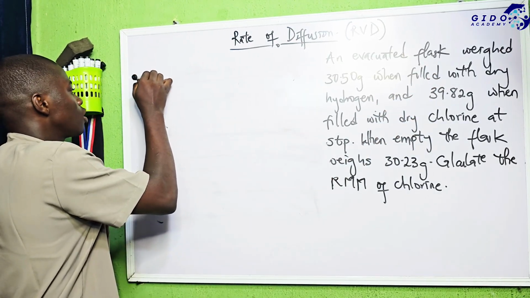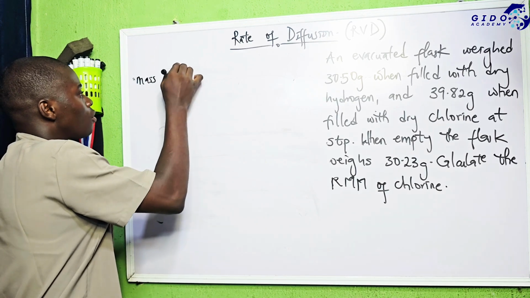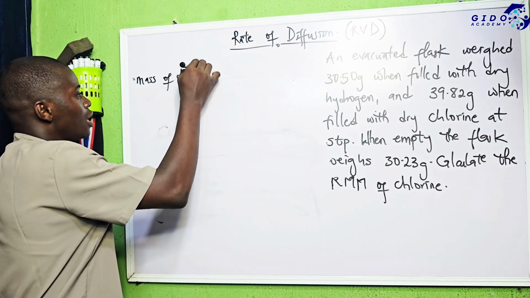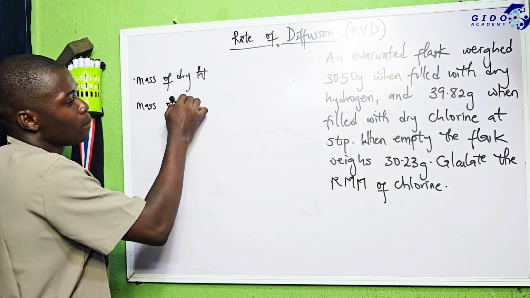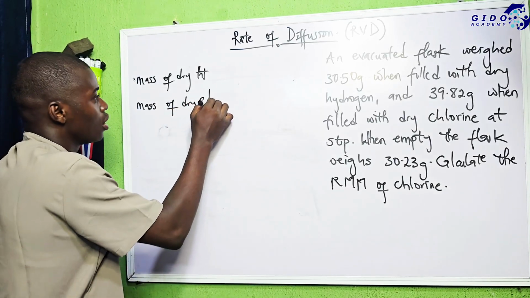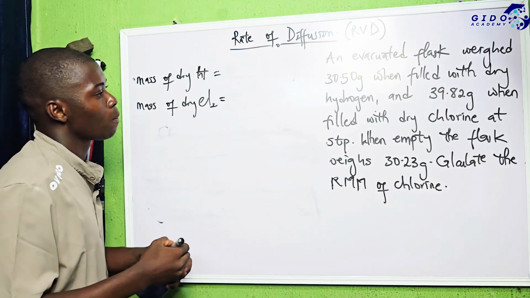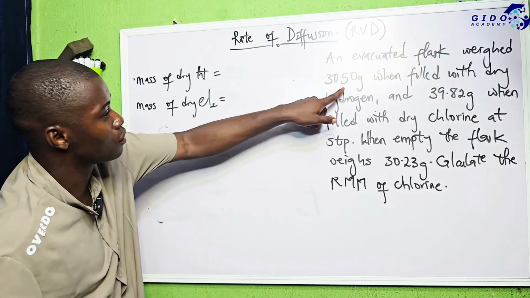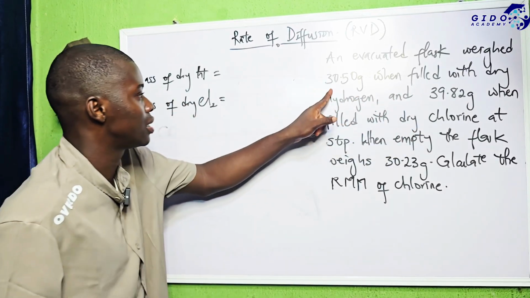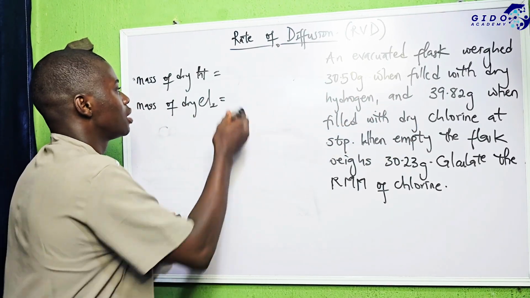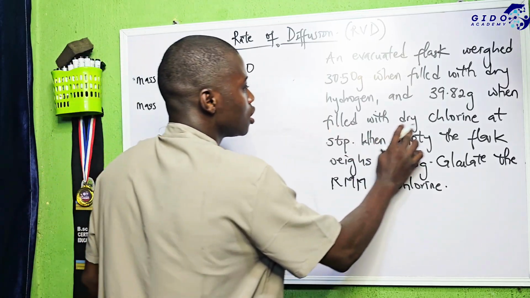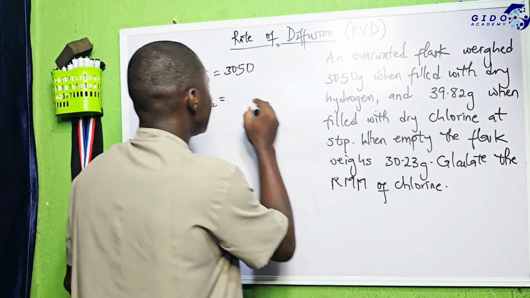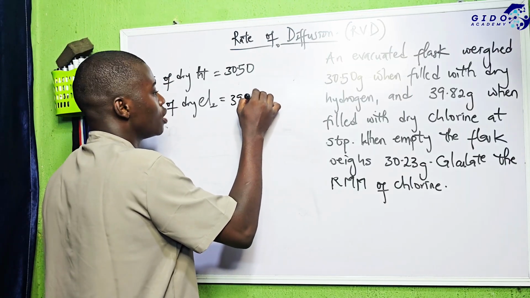If you want to calculate the mass, we are not talking about volume now, mass of dry hydrogen, then mass of dry chlorine. Let's stop here first. They gave us the mass of dry hydrogen as 30.50, and the mass of dry chlorine is given to us as 39.82.